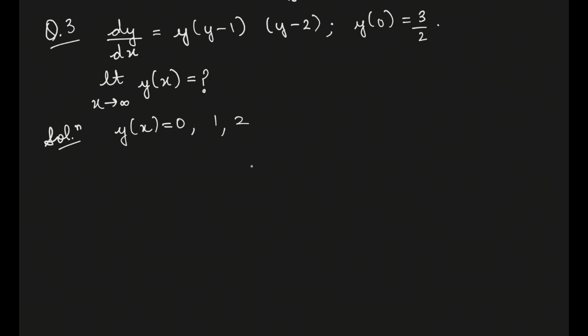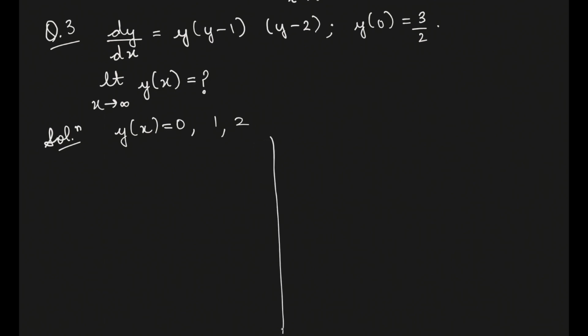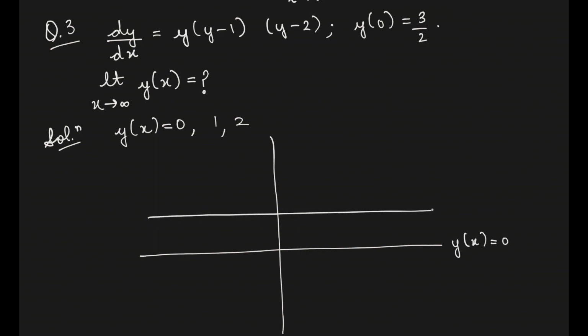Okay. If I take between 0 and 1, 3 by 2 lies in 1 and 2, right? Yes, 3 by 2 lies between 1 and 2, with equilibrium solutions 0, 1 and 2. So I will put 0 comma 3 by 2. It will lie in the 1 comma 2 interval.